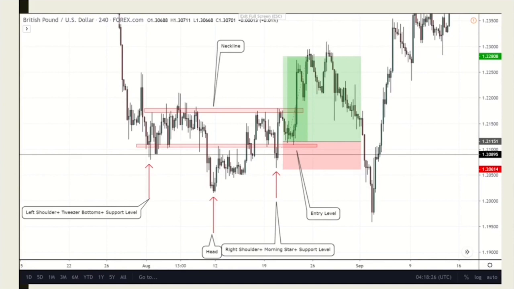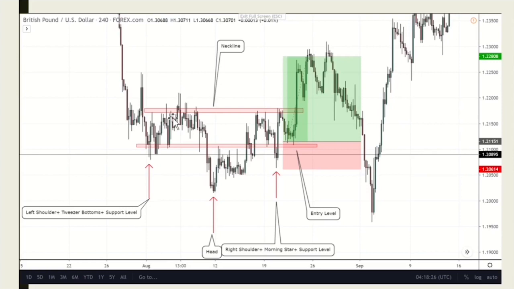On the left shoulder, you actually get tweezer bottoms as part of a morning star, which sees price push up. Then here you get tweezer tops as part of an evening star, which sees price come down. You get tweezer tops here again, another evening star, and price comes down.